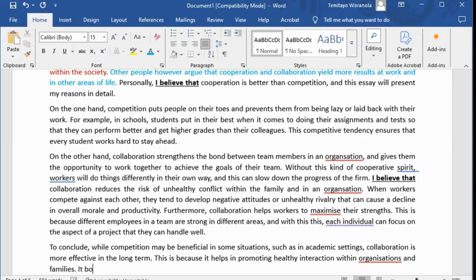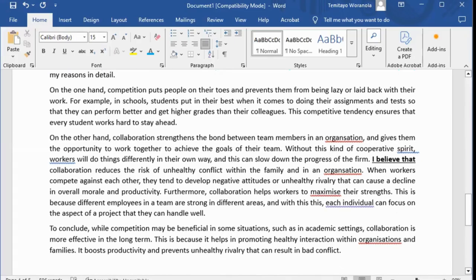It boosts productivity and prevents unhealthy rivalry that can result in bad conflicts. Full stop.